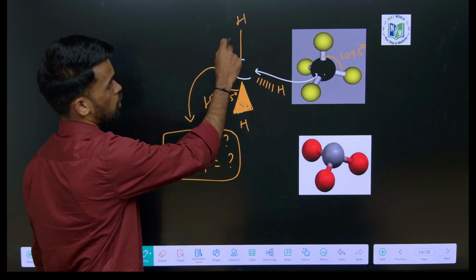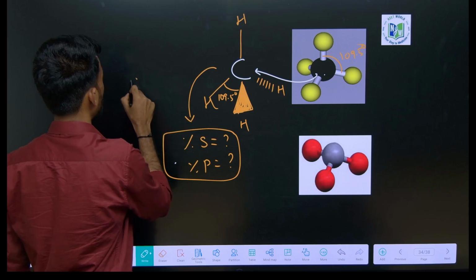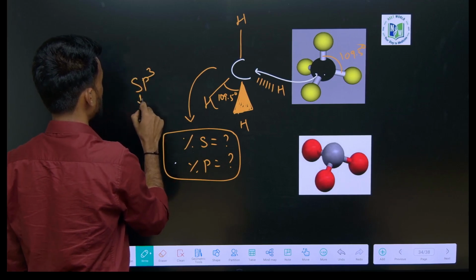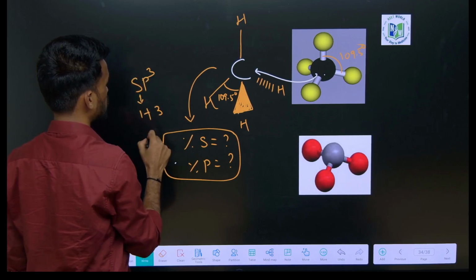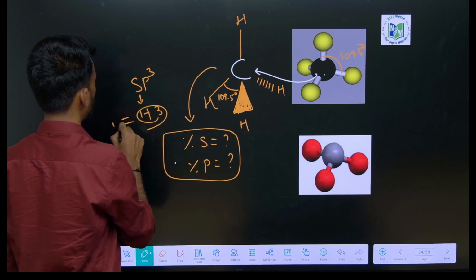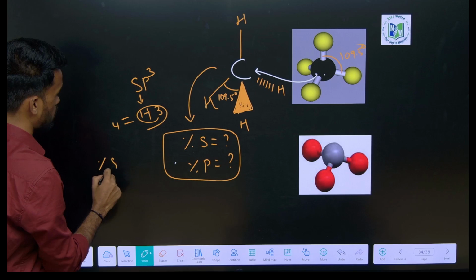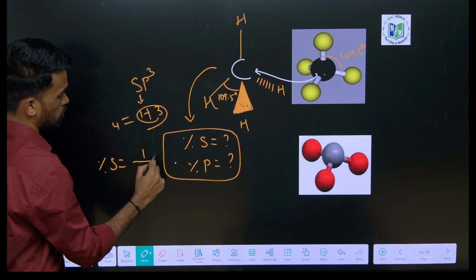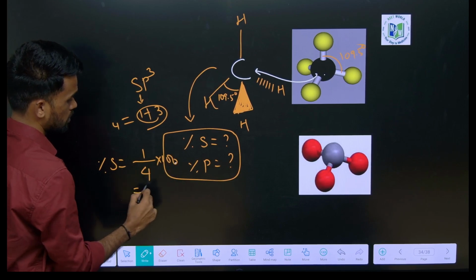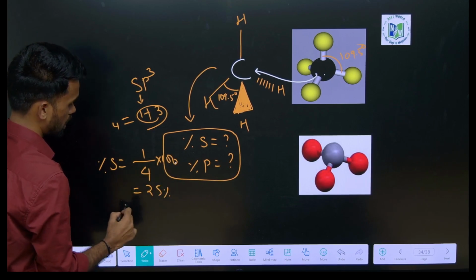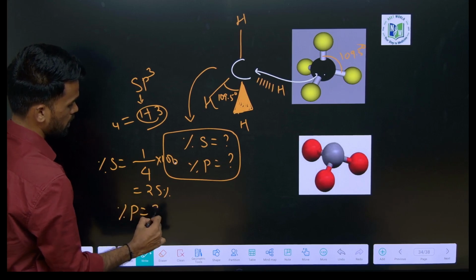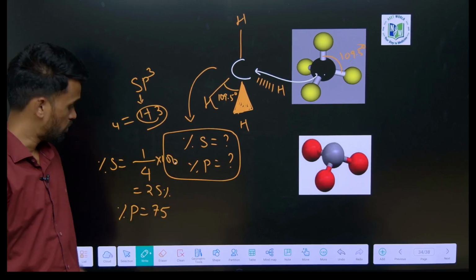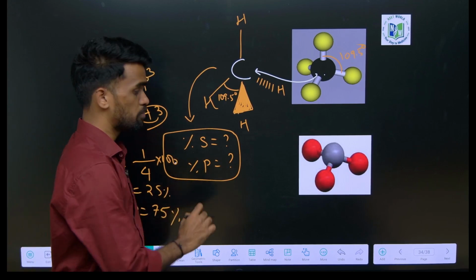Total how many orbitals are there? sp3 means 1 is s and 3 are p, so total 4. So the percentage of s: 1 by total 4 into 100, this is 25% s. And what is the remaining? 100 minus 25, we get 75% p character.